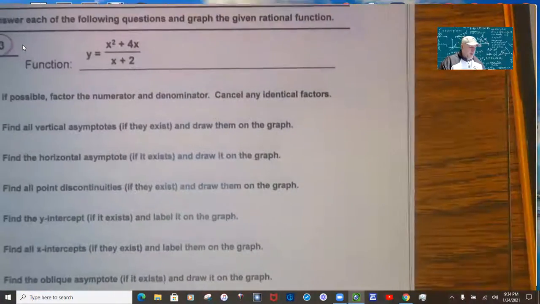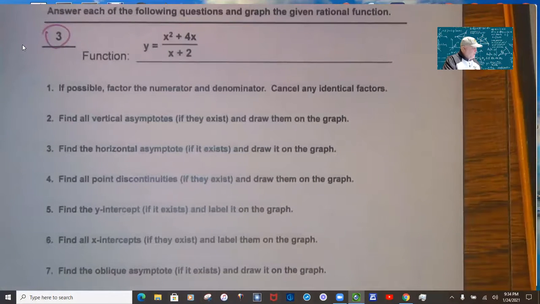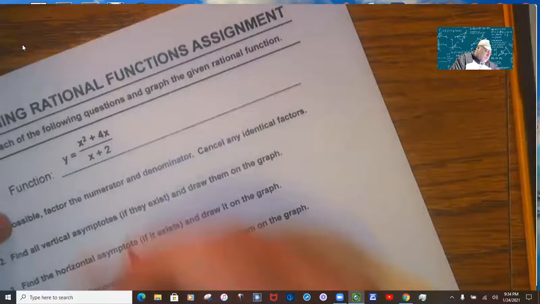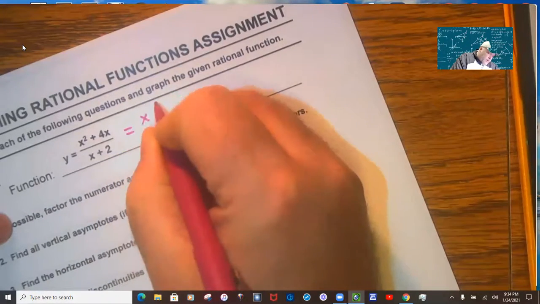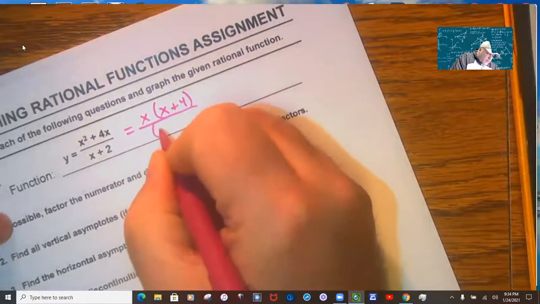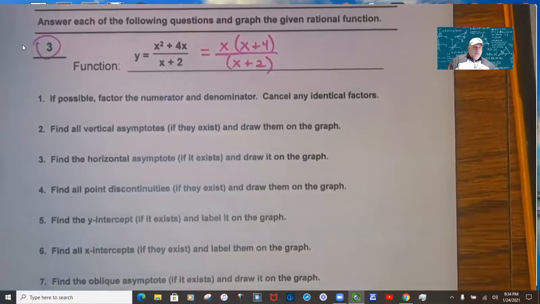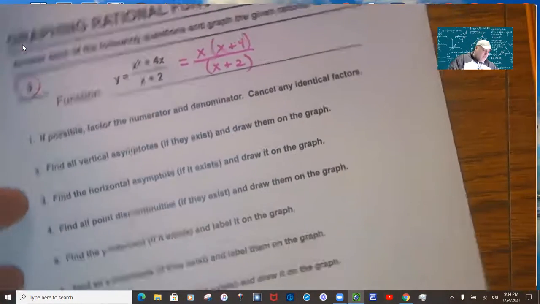Oh, we have our first oblique asymptote. Get ready. I don't think I give you one on the quiz because it's not real important, but there is one here, just so you know that there is one. So when you factor, and note that there's no canceling, so there's not a point discontinuity. So we're still good.